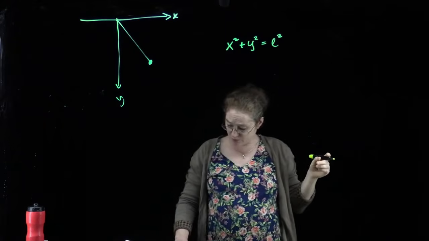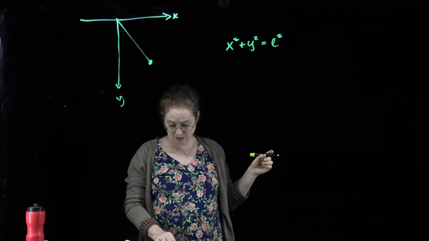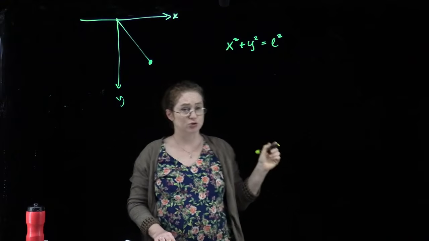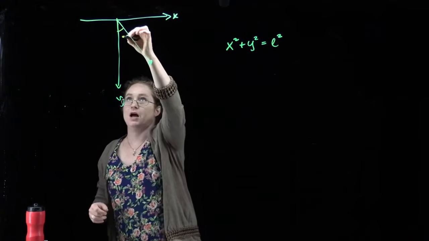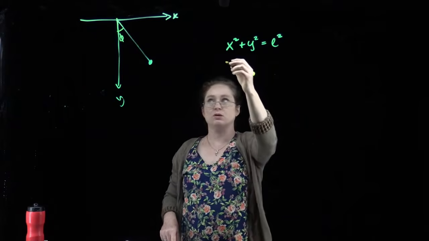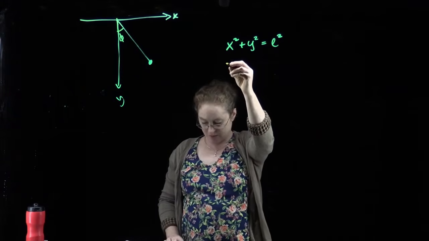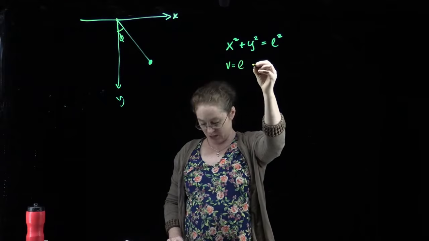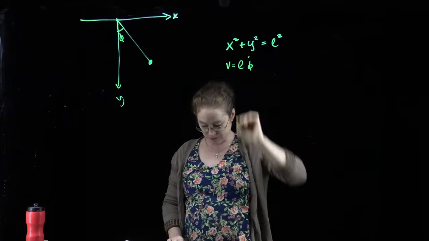So we only have 1 degree of freedom. We are going to choose the angle phi, and then we will write the velocity as L phi dot.